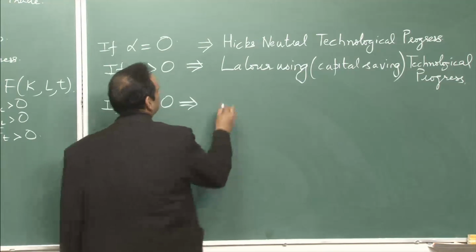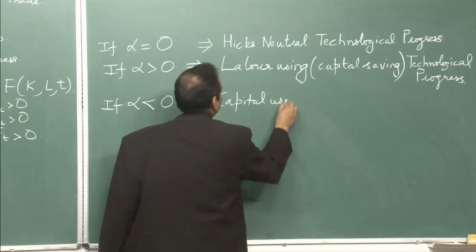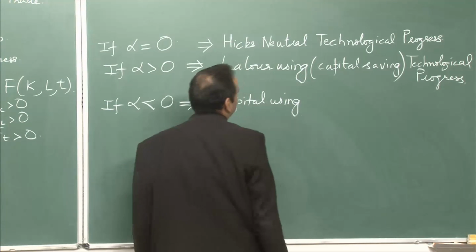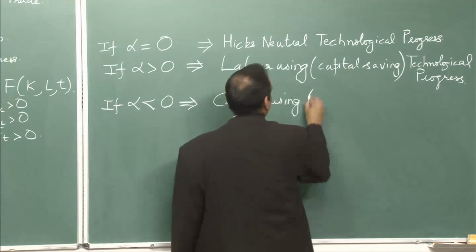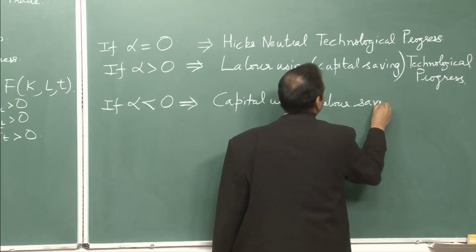If lambda is less than 0, you have the capital using, labor saving.